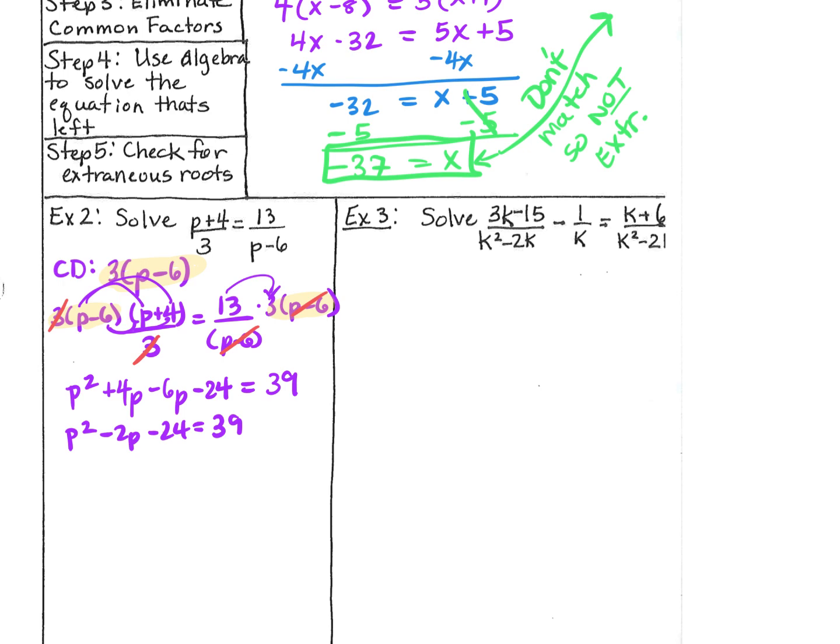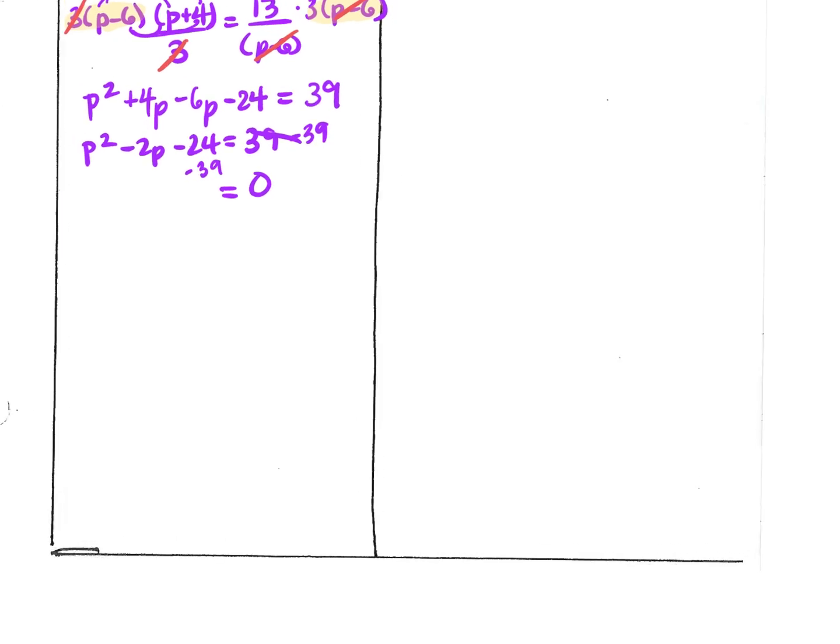So we need to move that 39 over, don't we? So we're going to subtract 39 from both sides. So this is going to equal 0. So now we have p squared minus 2p minus what? What is that, 63?